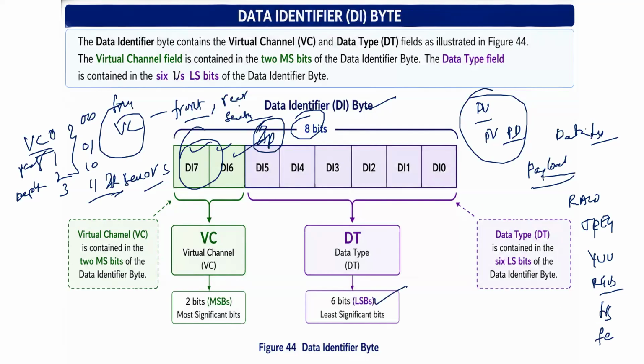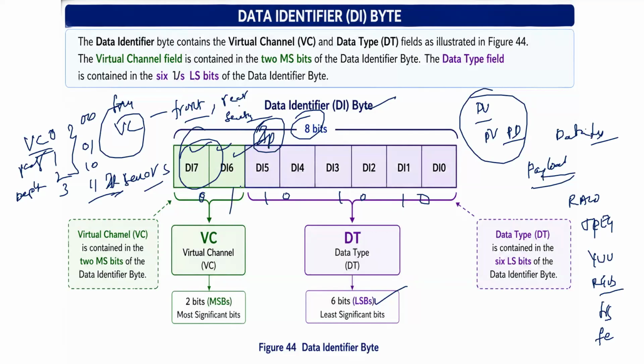So 6 data bytes are there, all are LSB bits, least significant bits. Clear on the data types, and what is the use of data types and what types of data types you are having? So we have different data types, like different data we are sending, 101010 or 01.